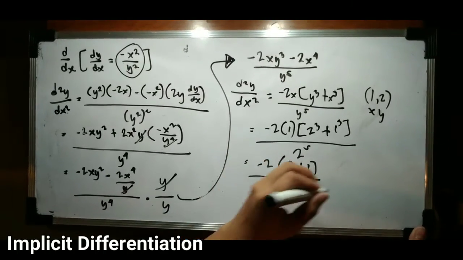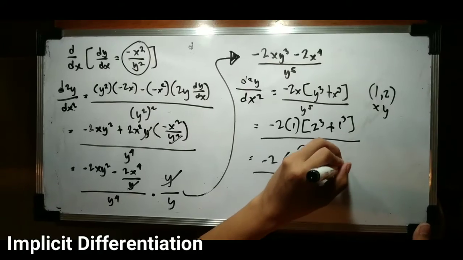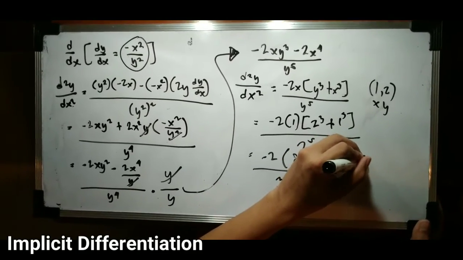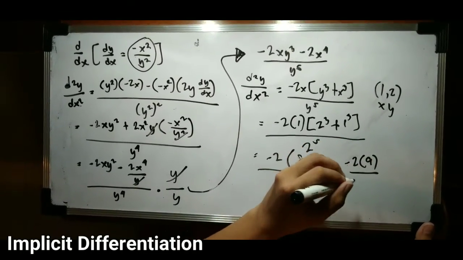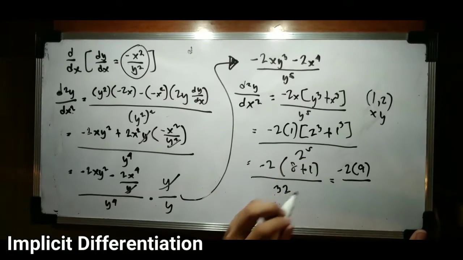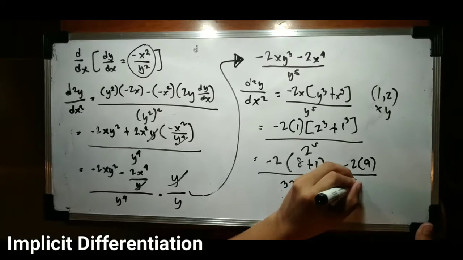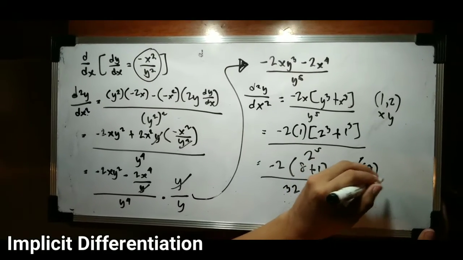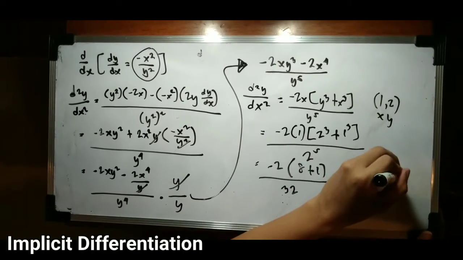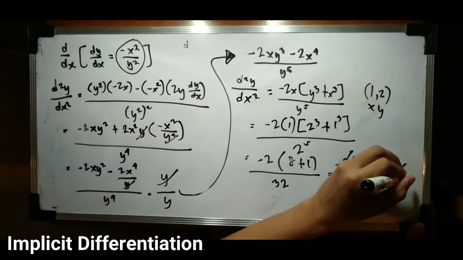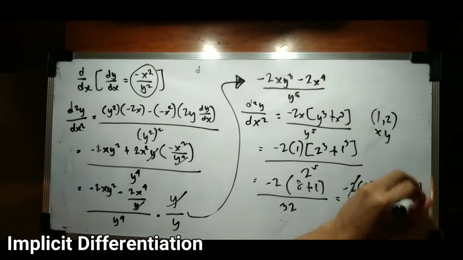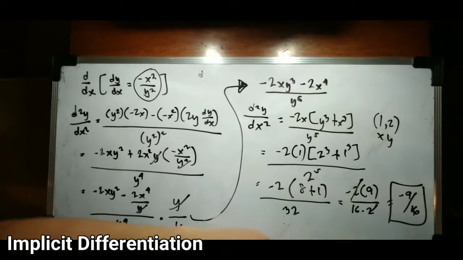Then we can simplify this further to become negative 2, then 9 over 32. We will factor 32 so that we can cancel negative 2. So 16 times 2, cancel this out. So the answer is negative 9 over 16. So this is the final answer.